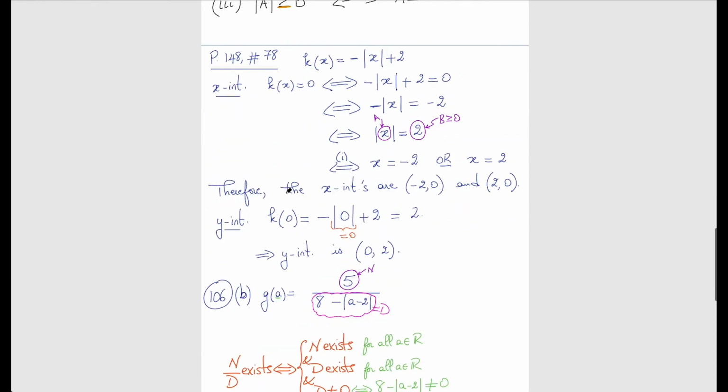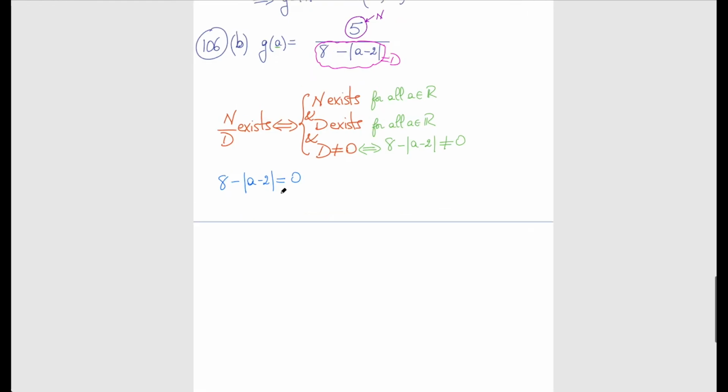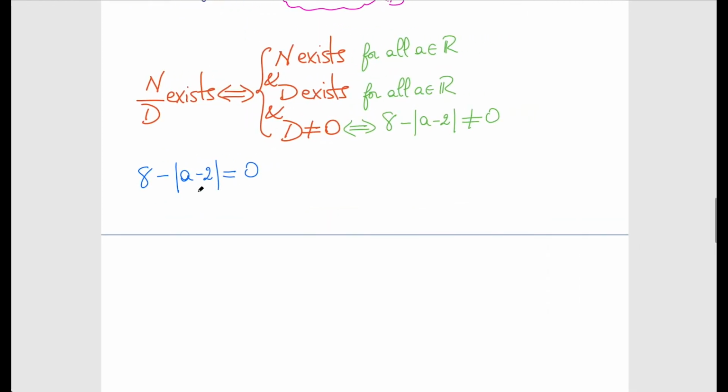So let's set the stage. I need the absolute value by itself on one side and b on the other side. This is the same thing as saying that the absolute value of a minus 2 is equal to 8.